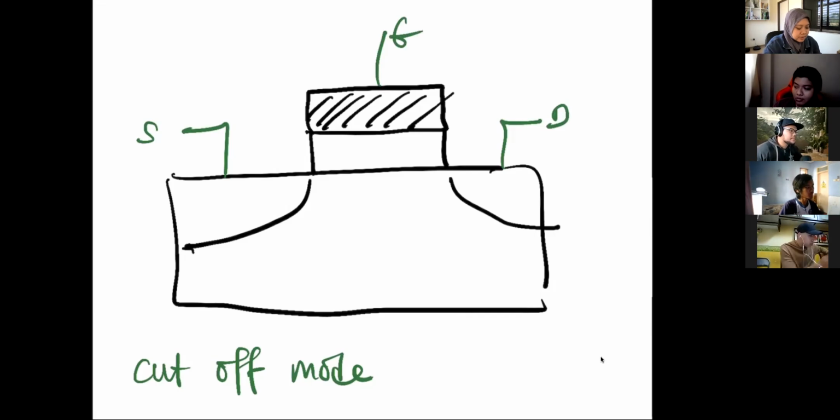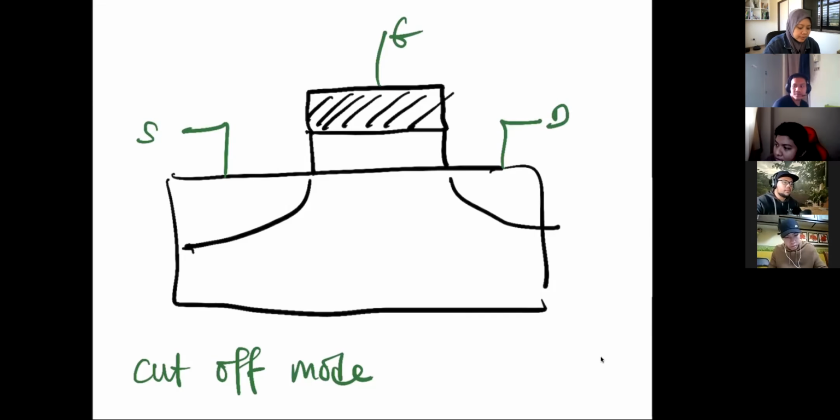If you don't remember, what is the condition for it? Condition means what voltage, because the device is the same. So between the three modes, the only difference is you play with the voltages, the biasing of the terminals. So cut-off mode, what's the condition?